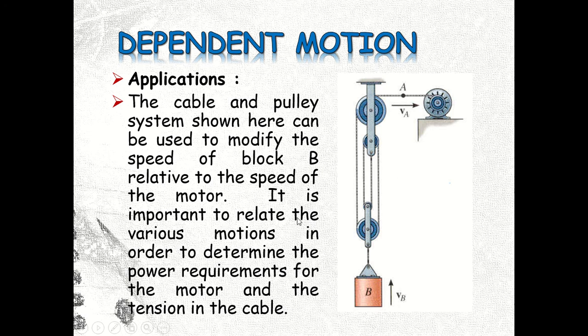It is important to relate the various motions in order to determine the power requirements for the motor to raise this block, and the tension in the cable. Okay, so the tension of the cable must withstand the weight of the block in order for the cable not to break.